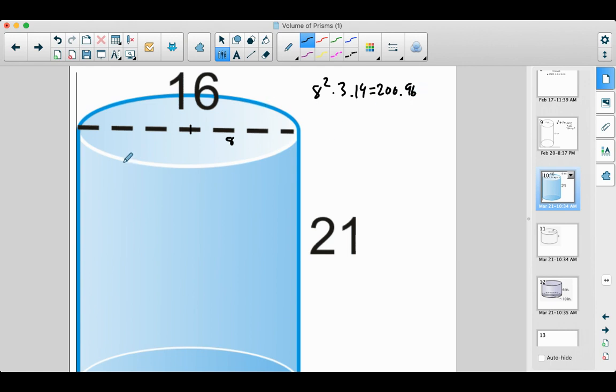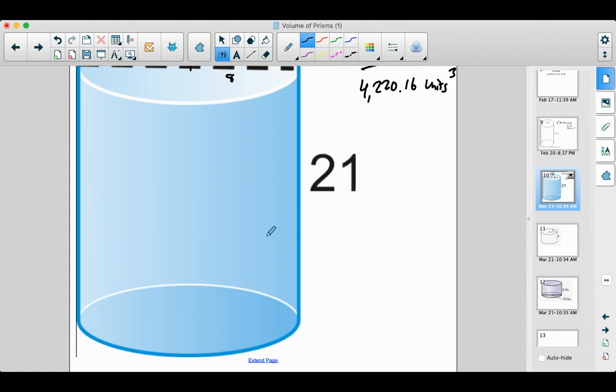Multiply the area of the base by the height. So times 21 gives me 4,220.16. It doesn't give me units, so I'm just going to say units cubed. 4,220.16 units cubed. With multiplying these three numbers together, our volumes can get pretty big pretty quick.